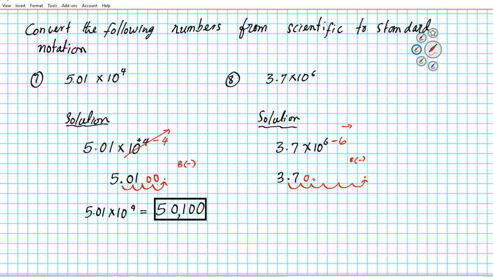So 3.7 times 10 to the 6 is the same thing as 3, 7, and then 1, 2, 3, 4, 5 zeros. So that is 3,700,000. That's the answer to question number 8.